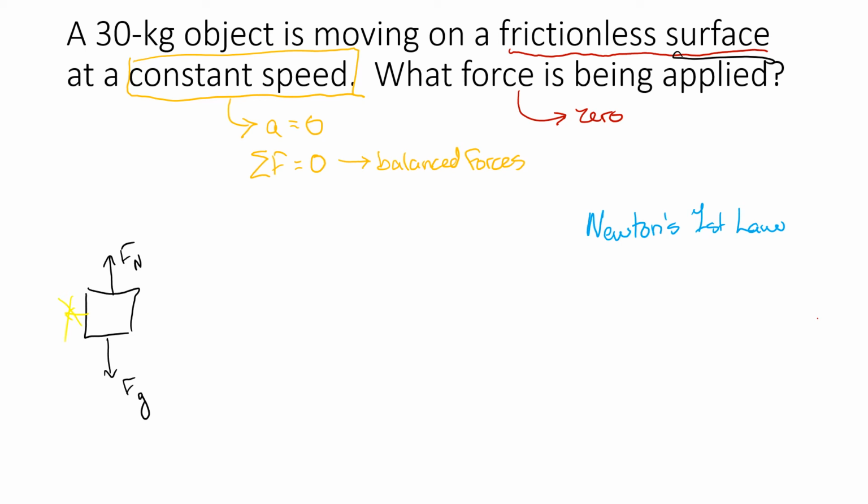But let's just say we're not so sure about the applied force. So let's put in an applied force, even though we don't need one, right? Hopefully you should see from the free body diagram that we don't need to have any horizontal force, because then our forces would be unbalanced. Anytime there's only one force on an object, we know that it's accelerating.